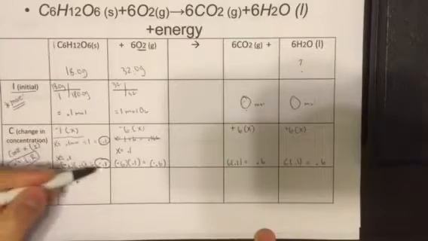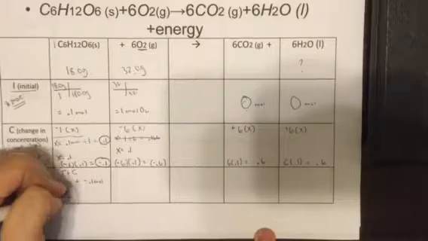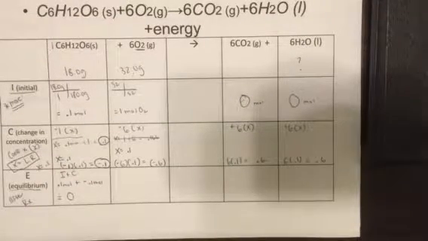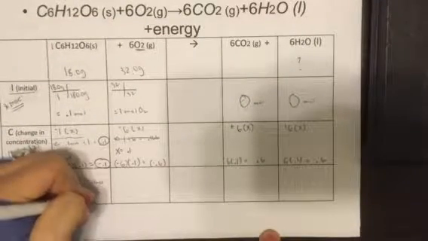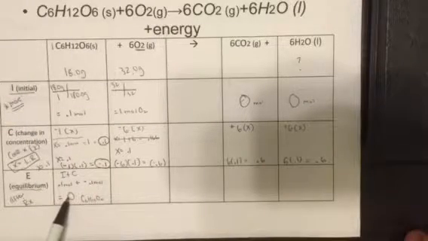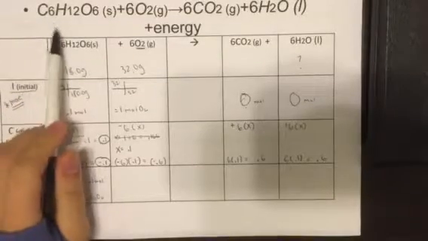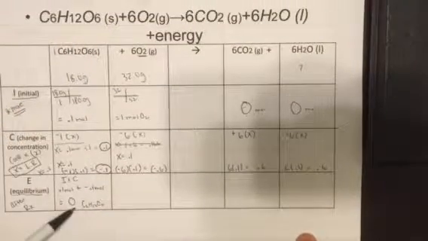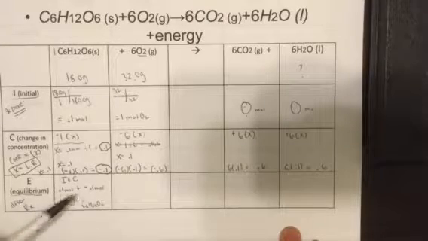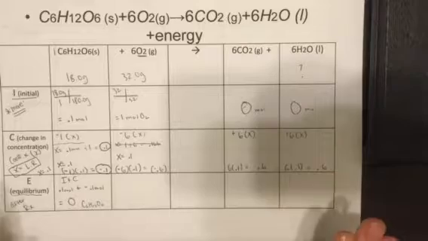And then the change was negative 0.1 mole. Therefore, I have 0. And I ask myself, does it make sense that after the reaction I would have 0 moles of glucose remaining? That absolutely makes sense because we said that was the limiting reagent. It's going to be completely consumed, right? So I have none of that left over in the end.